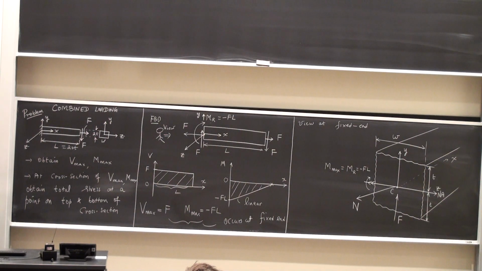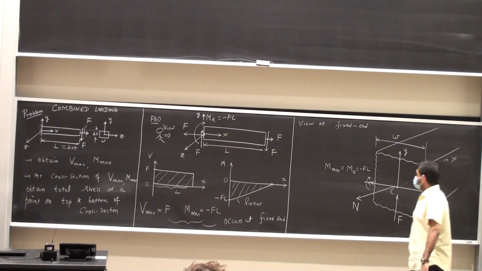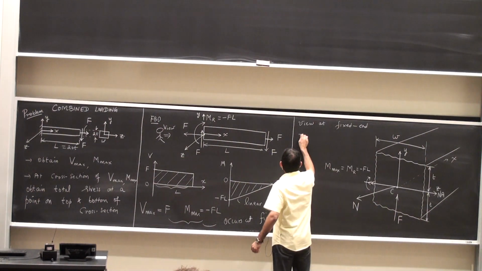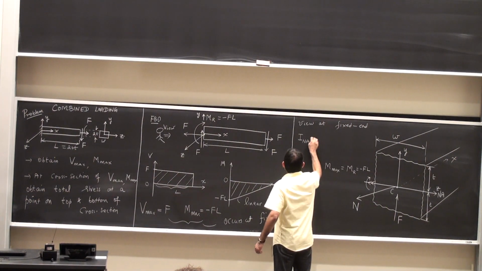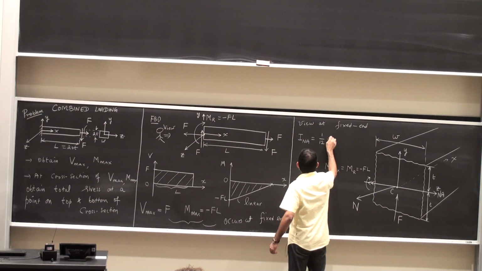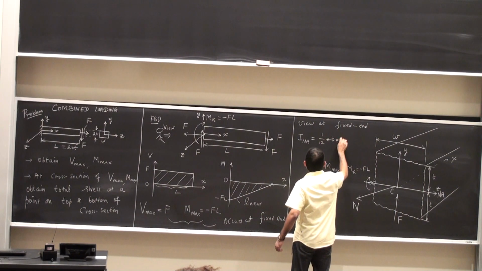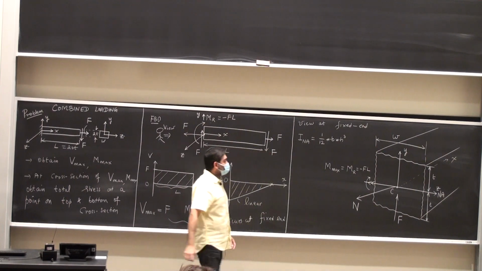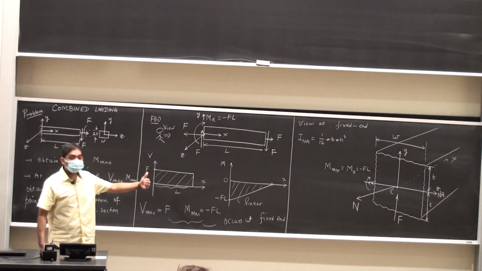And the moment of inertia calculation about the neutral axis. So I_NA is 1/12 base times height cubed. What is the base? The base is the width W here.